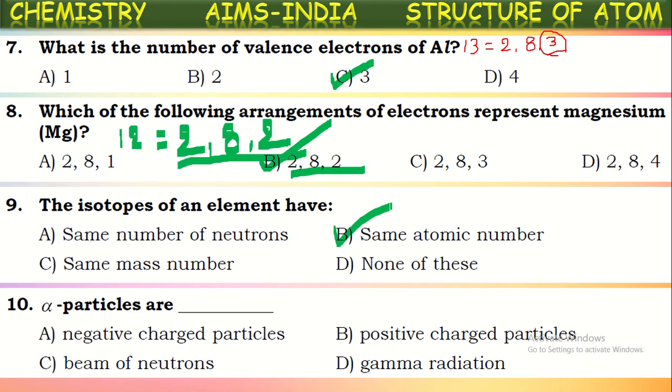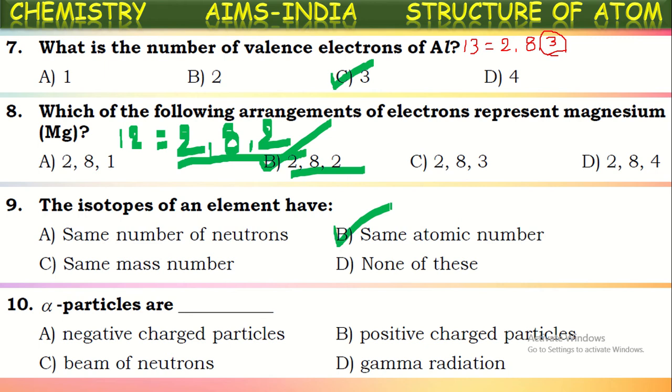Next one. Alpha particles are... What are alpha particles actually? The bunch of two protons and two neutrons together is considered as an alpha particle. The two neutrons have no charge, and along with them there are two protons, which have positive charge. So altogether an alpha particle will have positive charge.